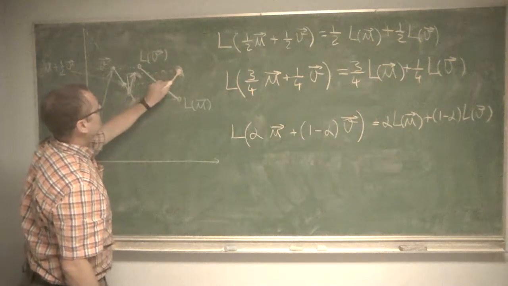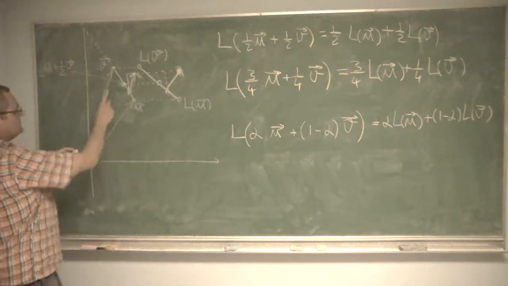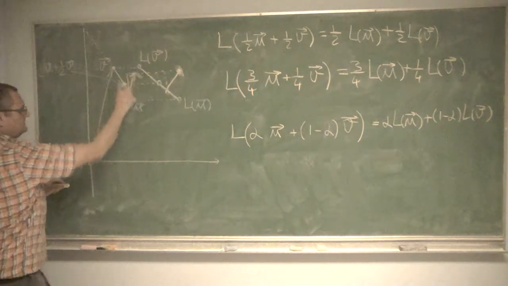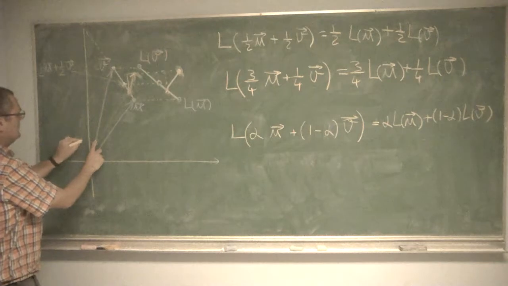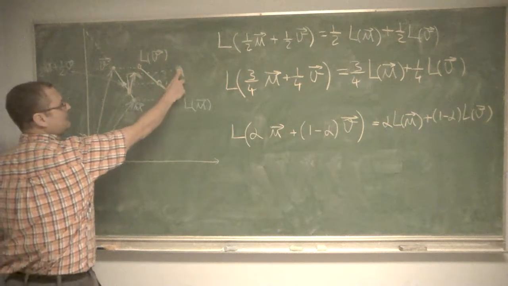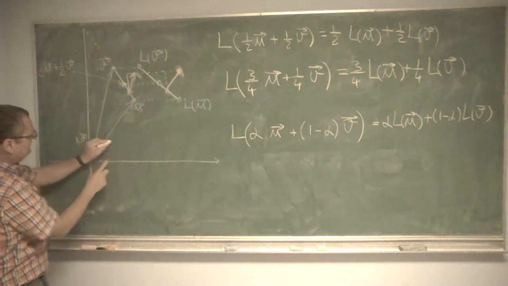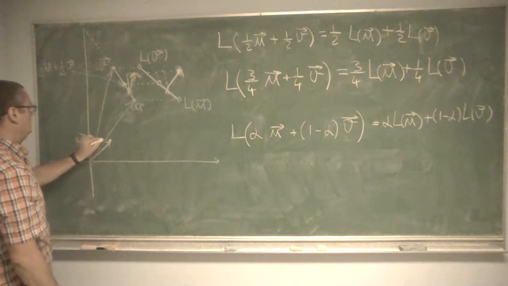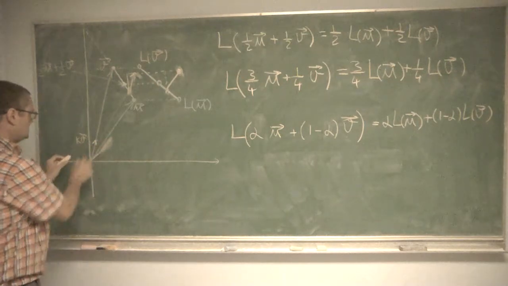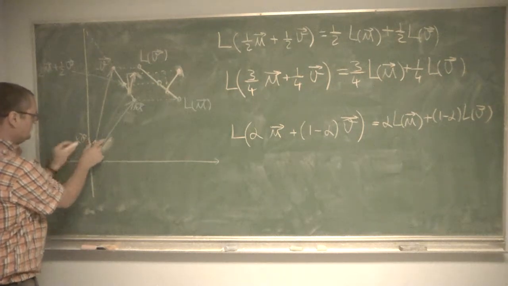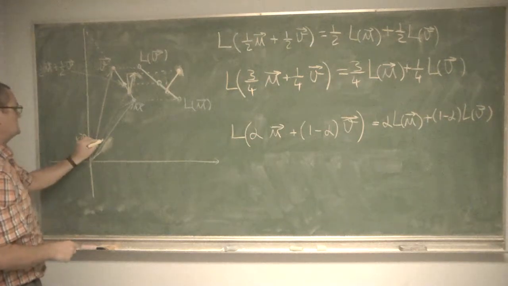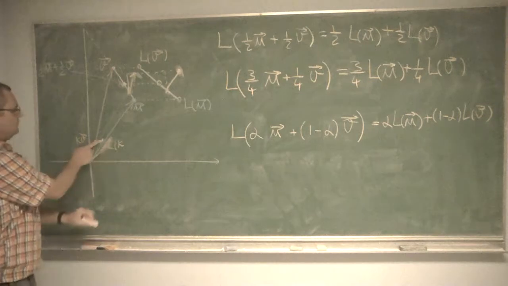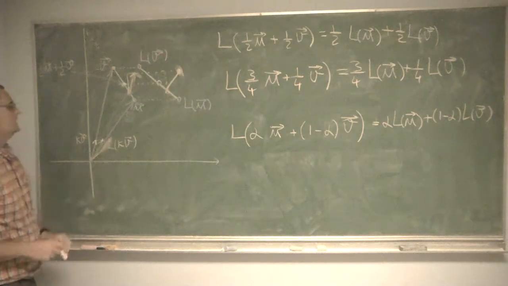But that exactly means that this vector, which is some scalar multiple of V, so let me say it's this vector, that's some vector kV, gets mapped to this vector, okay? So the distance has to double, so it's here. So this is my L of kV, it's this point, L of kV, all right?